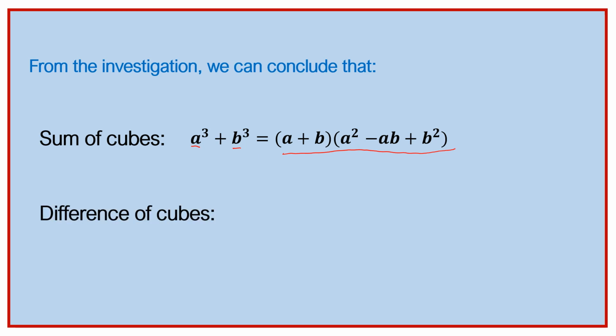And if I get the difference of cubes, that is a cubed minus b cubed, I'll get a minus b into a squared plus ab plus b squared. So student, in the next lesson, we shall see how we can apply the sum of cubes and the difference of cubes to factorize polynomials of degrees greater than 2.